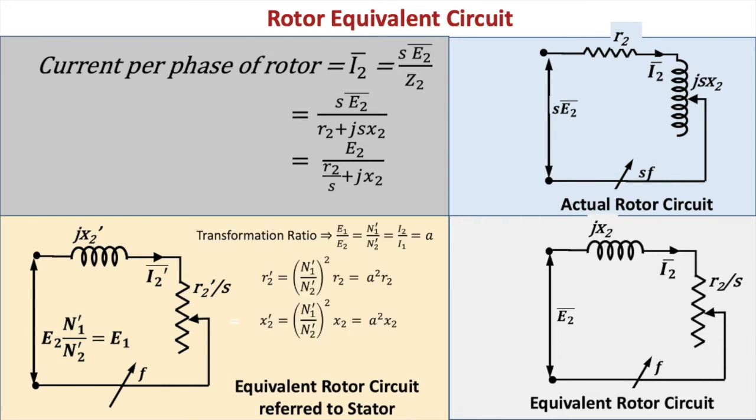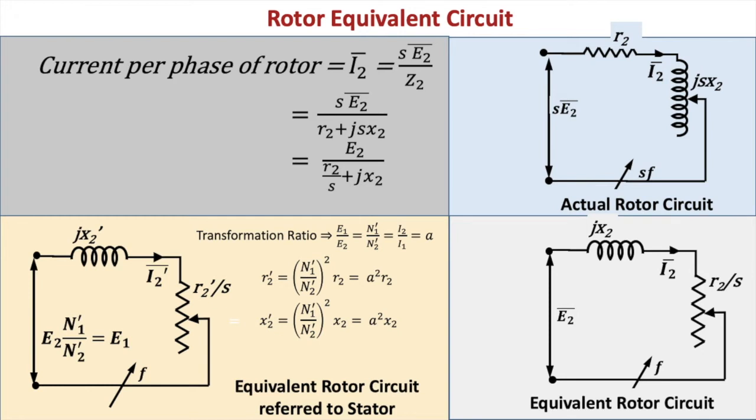When you want to refer the secondary or rotor side circuit to the primary side, the transformation ratio has to be taken into account, and that is E1 by E2 equal to N1 dash by N2 dash, the effective turns ratio, equal to I2 by I1 equal to A, same as the transformer.